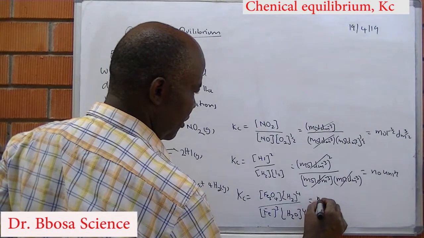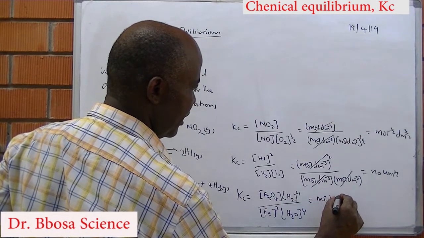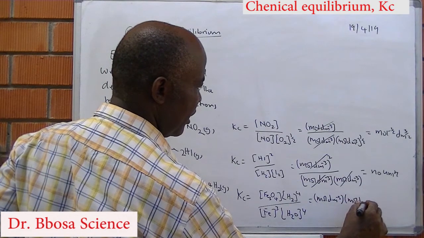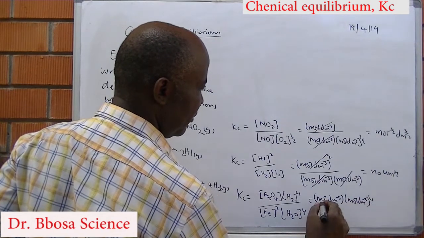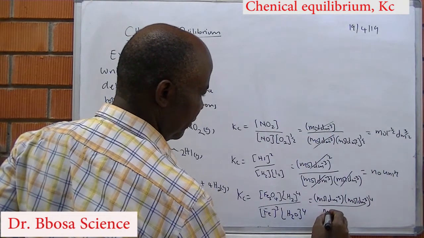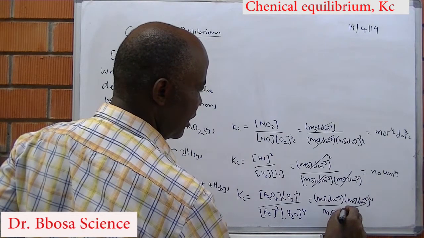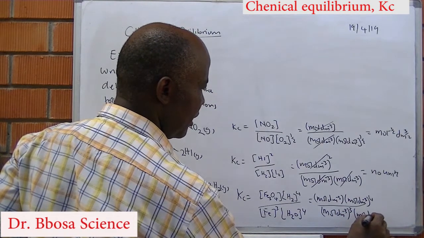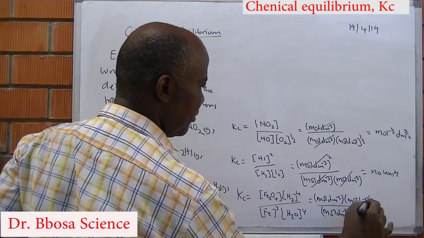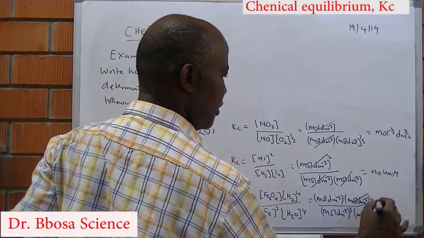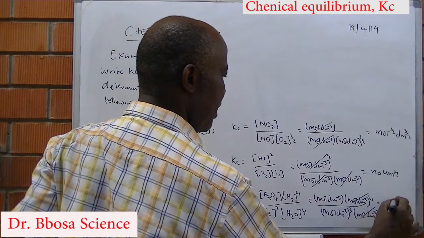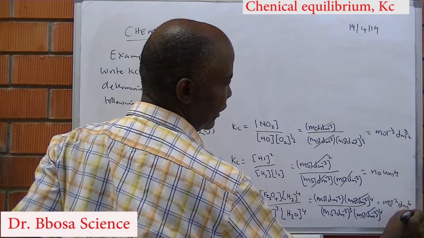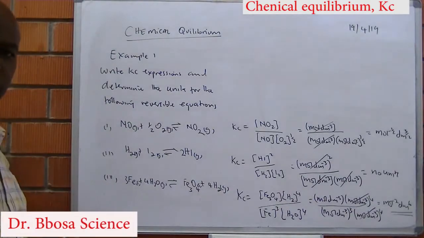So this will be equal to moles per decimeter cubed into moles per decimeter cubed to power 4 over moles per decimeter cubed to power 3 into moles per decimeter cubed to power 4. So this one will go. So you will get mole to power -2 decimeter to power 6. Those will be the units.